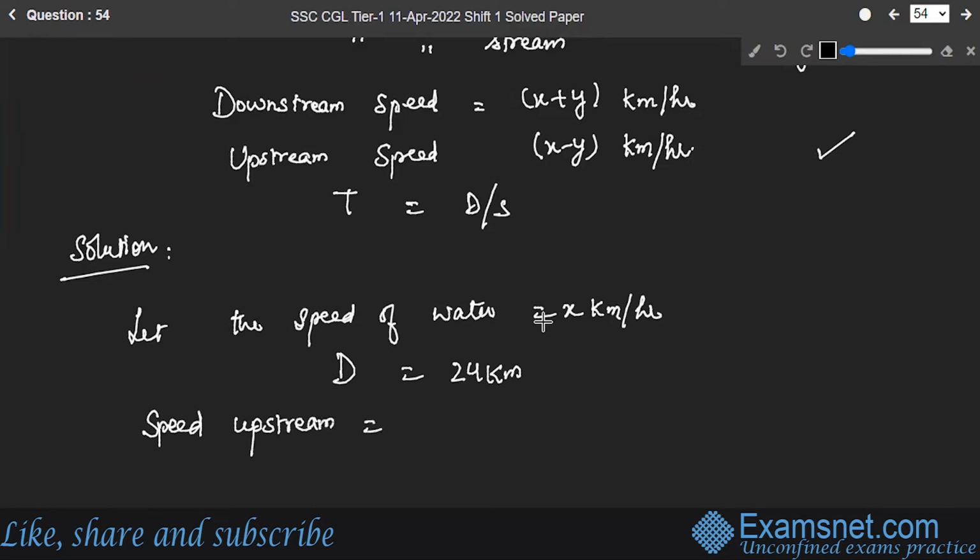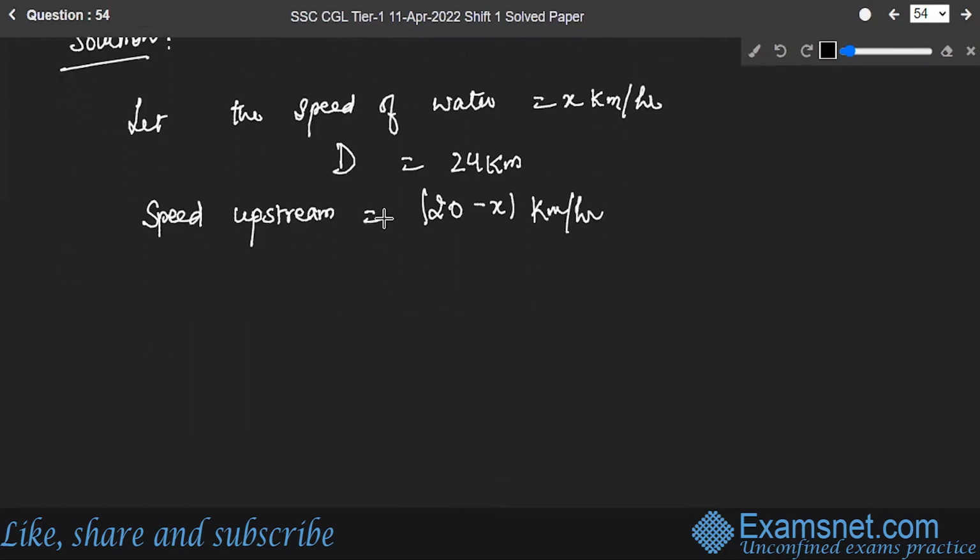See, in the case of upstream, the speeds are subtracted. Initially the speed of the boat was 20, so now the speed will be 20 minus x kilometers per hour, and so the time taken in this case will be 24 upon 20 minus x.